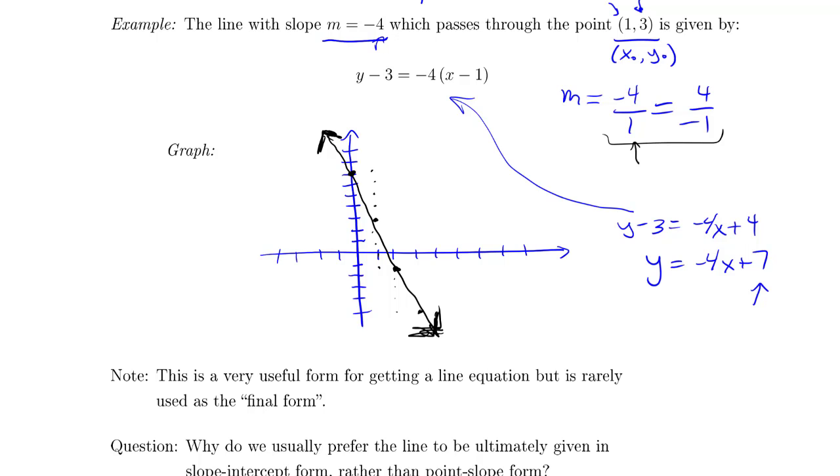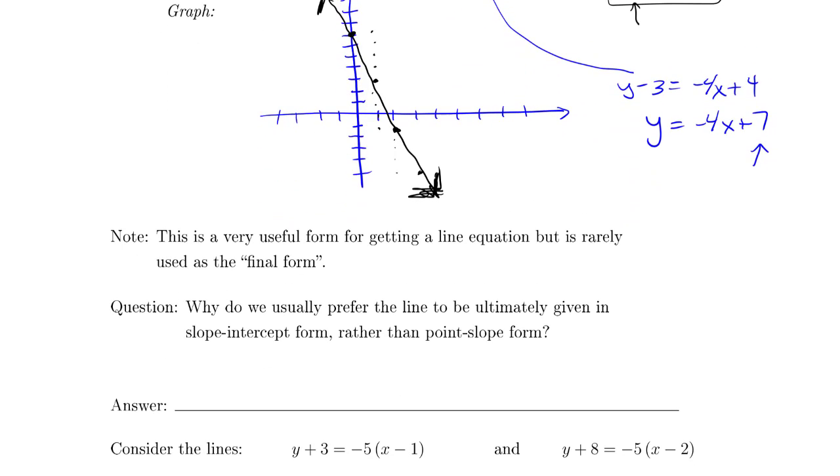So this leads me to a question. While I'm saying that this is a very useful form for getting a line equation because you basically just have a point and a slope, it's rarely used as the final form. Okay, so why do we usually prefer the line to be ultimately given in slope-intercept form rather than point-slope form?